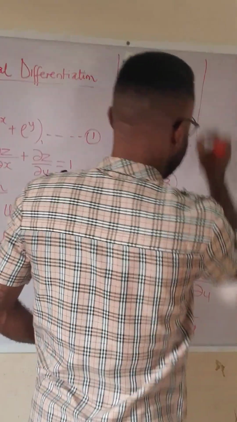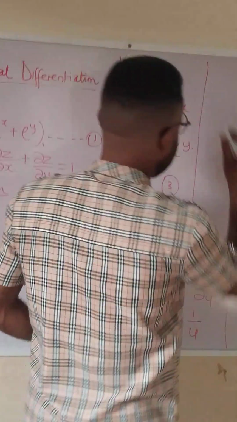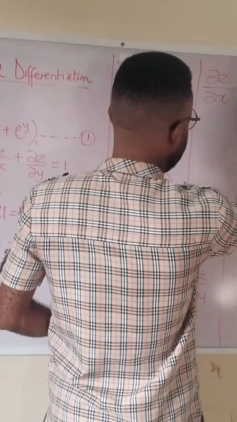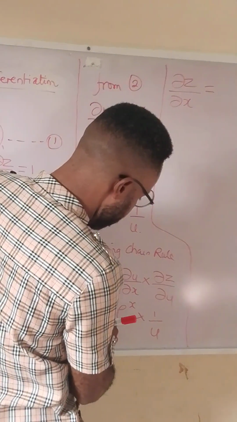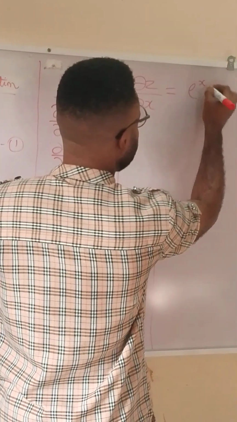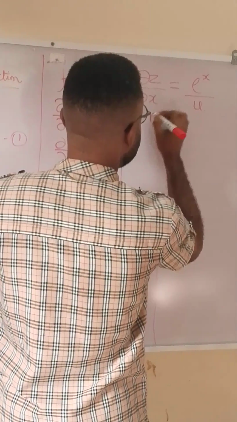So the partial derivative of z over that of x is equal to e^x times 1 over u, which gives e^x over u.